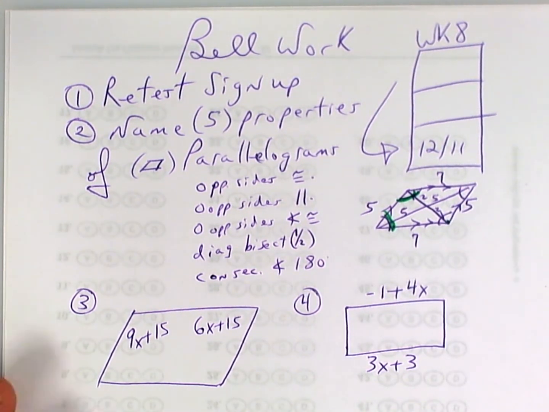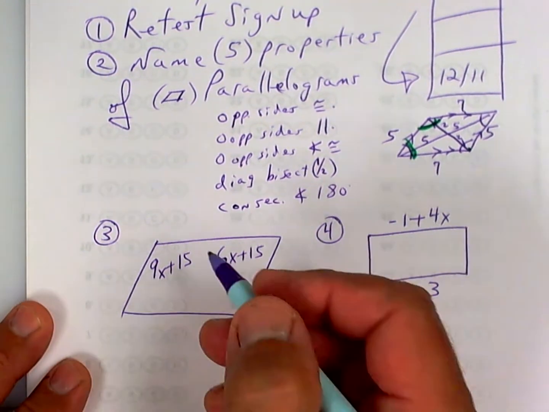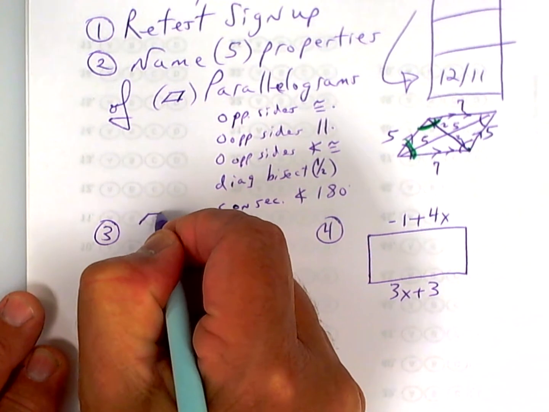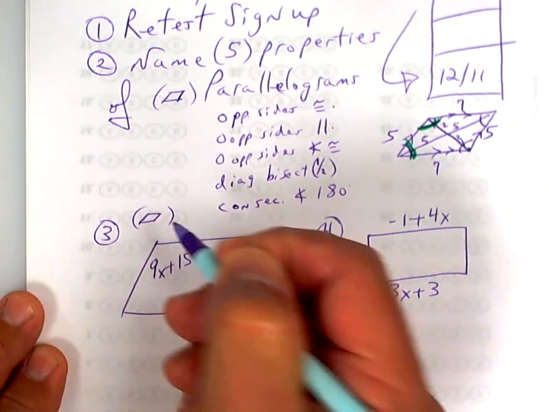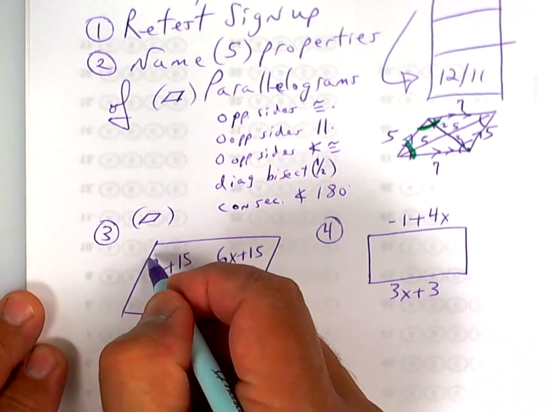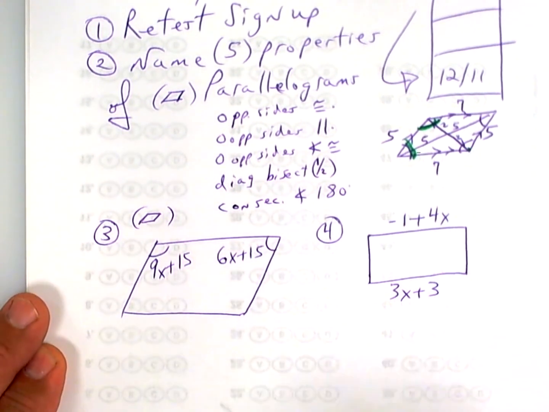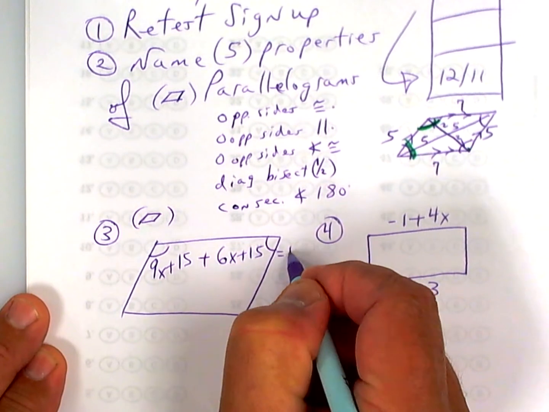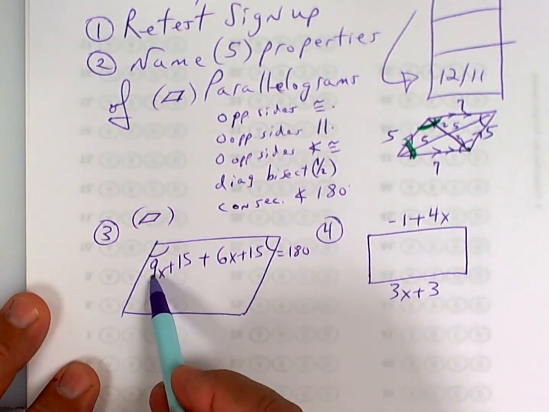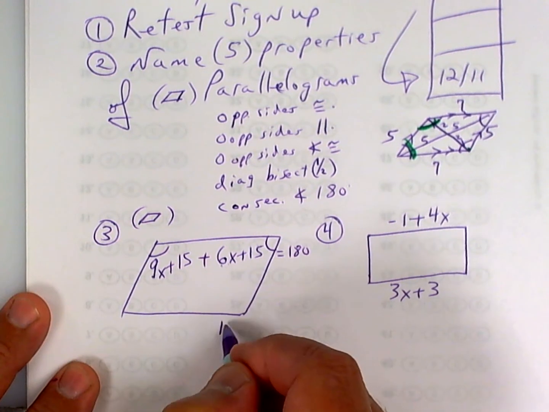Well, let's take a look here. We have 2 problems here. This right here is a parallelogram, and you actually should see a little symbol like this. Okay, so look for that symbol. That means all 5 of these properties apply. So this one and this one are consecutive, so they add up to 180 degrees. So you're going to take 6x and 9x and get 15x.